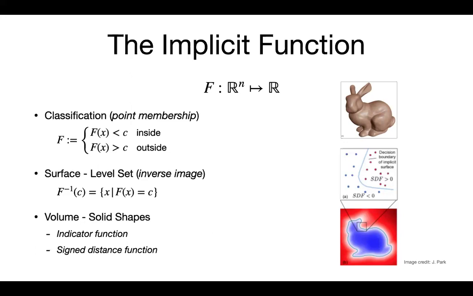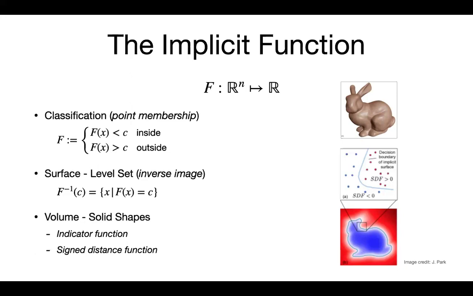The usual ones are indicator functions that have a 0 or 1, right? And you take an epsilon that will be the transition between 0 and 1. Or you can take a signed distance function that's a scalar related to the distance to the surface. We are going to discuss these two types of functions here.